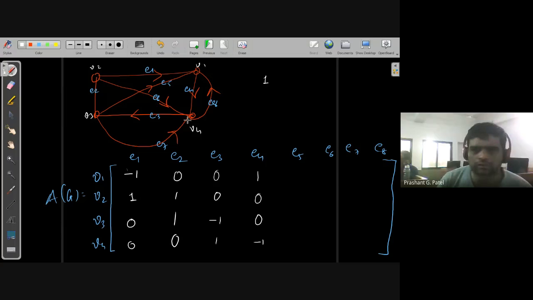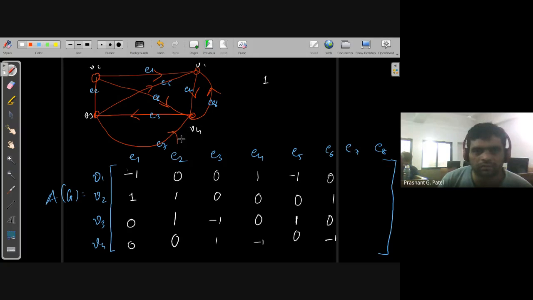For E5, going into V1 is -1, and out of V3 is 1. For E6, it is 1 for V2 and -1 for V4.